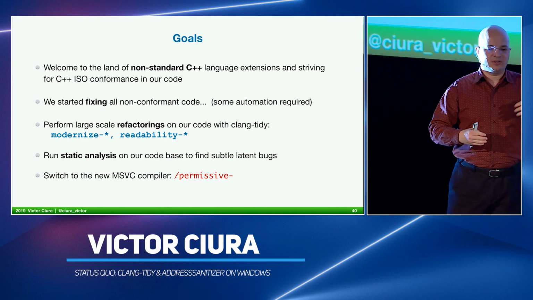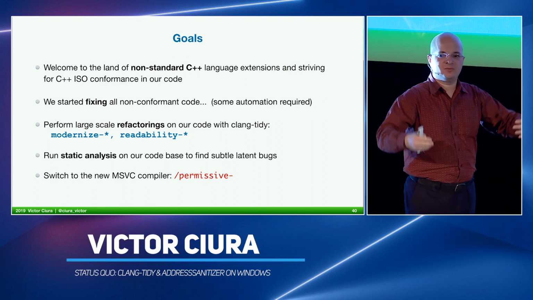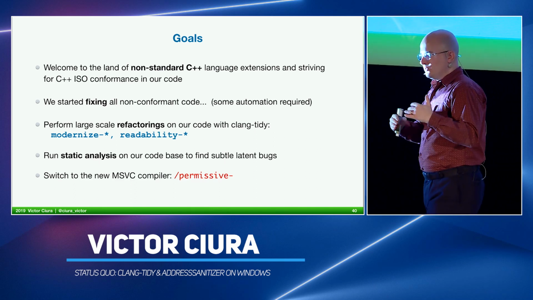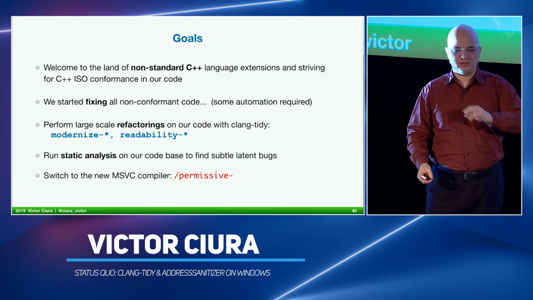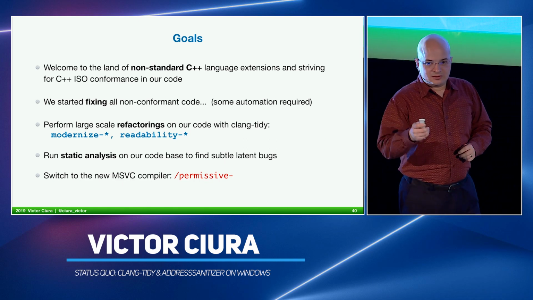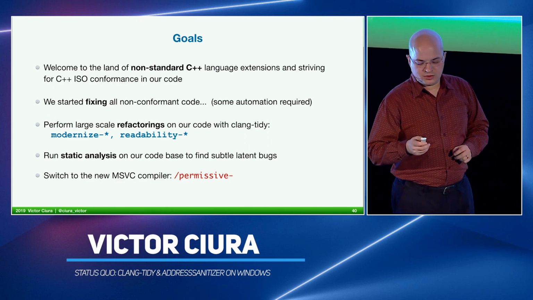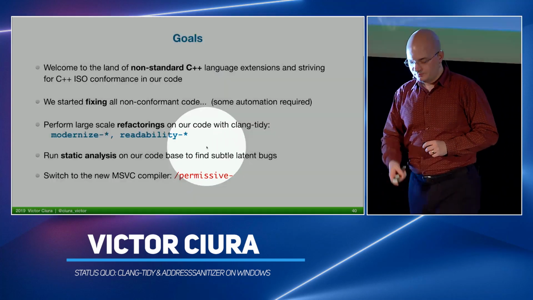At the same time, you're going to leverage tidy transformations to change some of the code. So it seems like a catch-22 kind of thing, but it works in parallel. One helps the other. So you will get a gradual adoption there. But the very first step I encourage you to take is actually switch to the new compiler by turning permissive minus on.